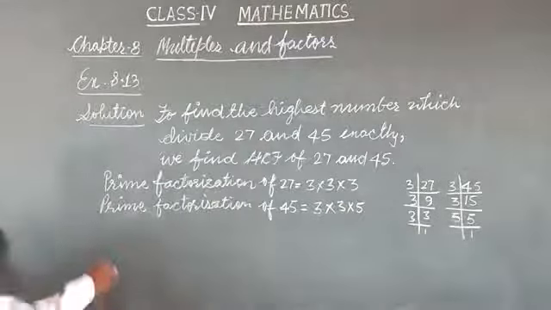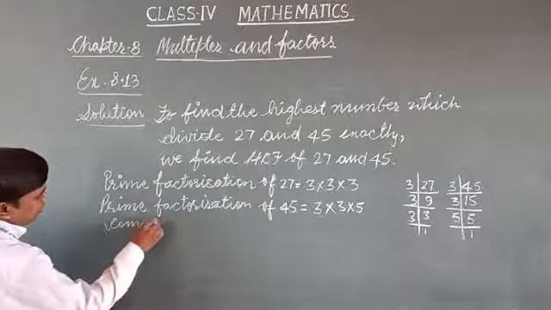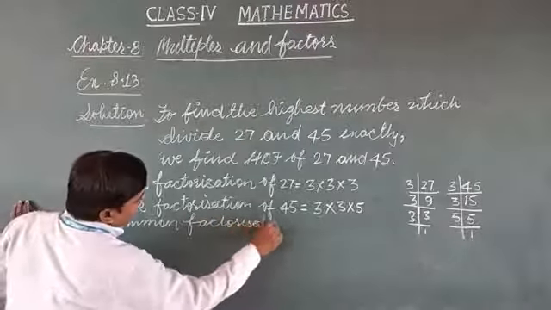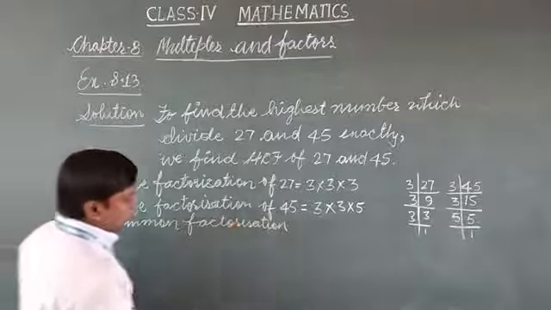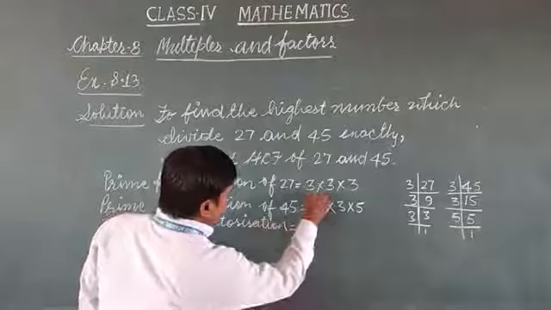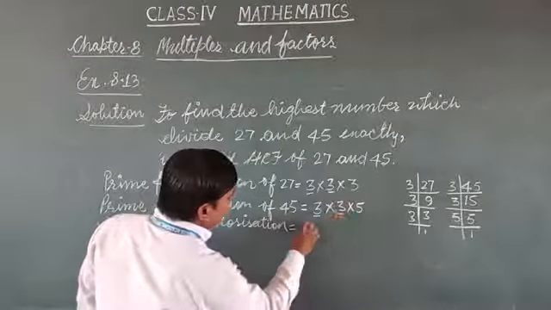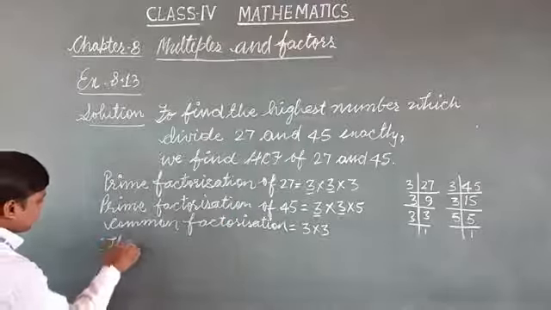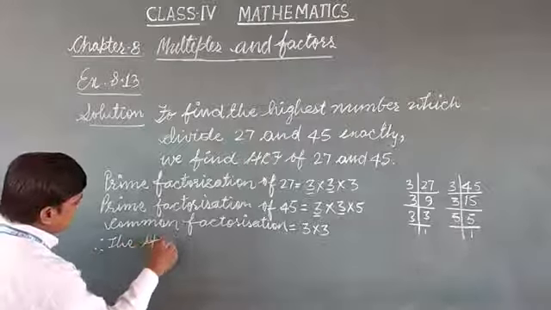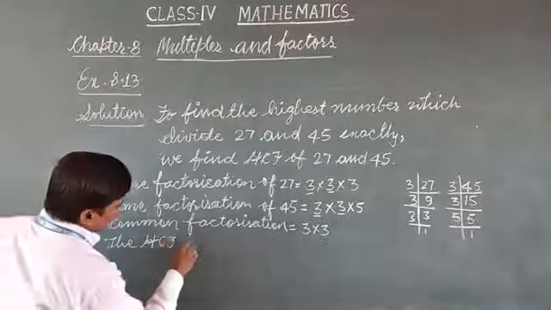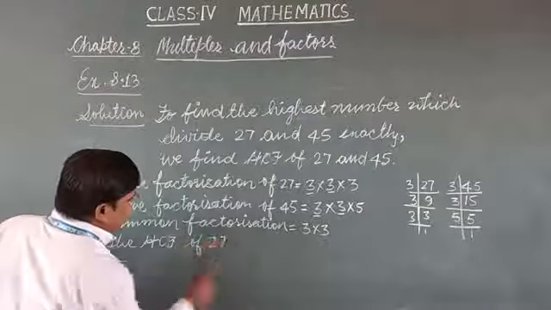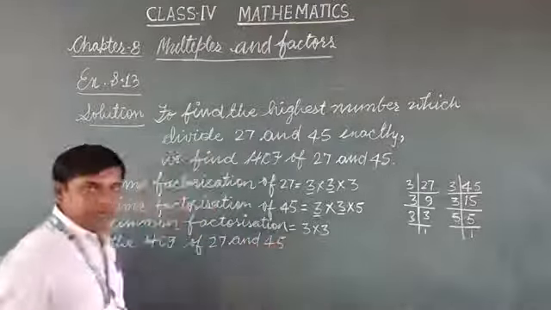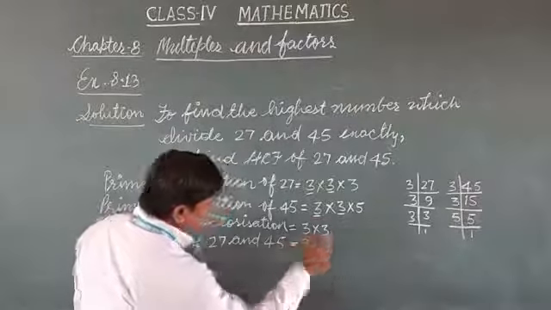Among these we write the common factorization. Common factorization is equal to, this is common, this is common, means 3 into 3, and therefore the HCF of 27 and 45 is equal to 9.